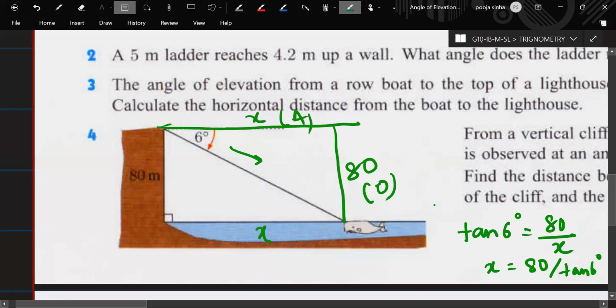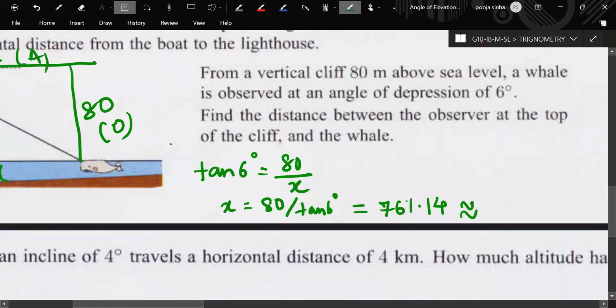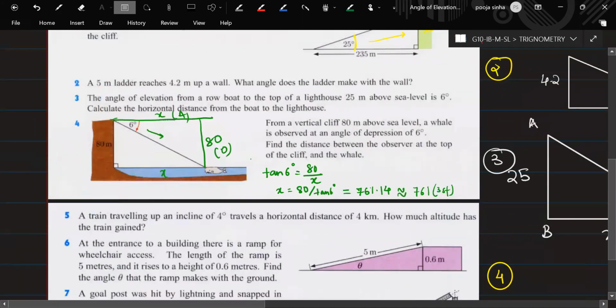And 80 divided by tan 6 is how much? What's your answer? 761. 761.14, which you will write in 3 significant figures as 761. 3SF. Clear? Yeah. Right. Okay.